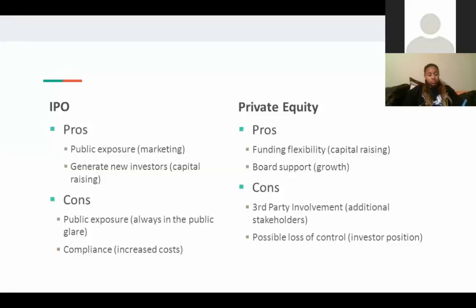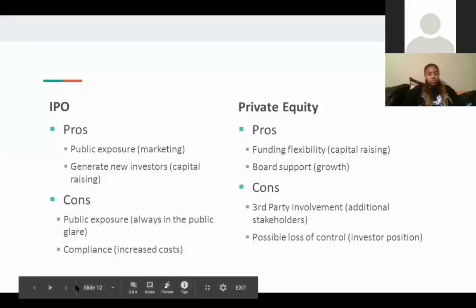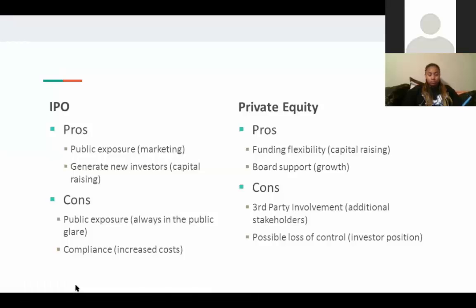But this can also be a con, because you have day traders just trading on the public market, and so that public exposure can work against your favor as far as your share price and bad news.